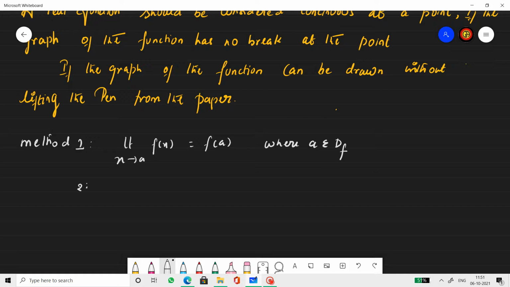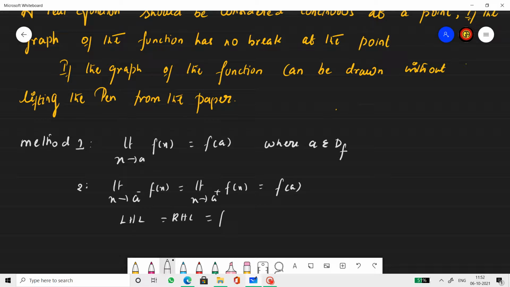Method 2: limit x tends to a minus f of x is equal to limit x tends to a plus f of x is equal to f of a. In short, left hand limit equals right hand limit equals f of a, for a value of a that belongs to the domain of the function.